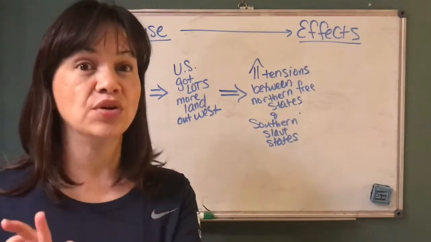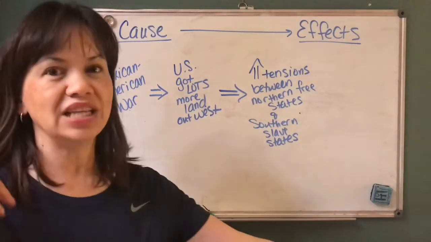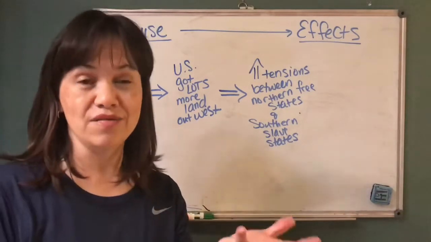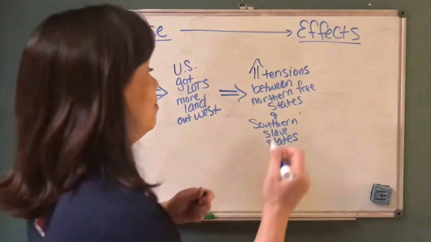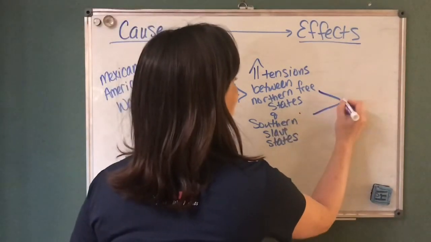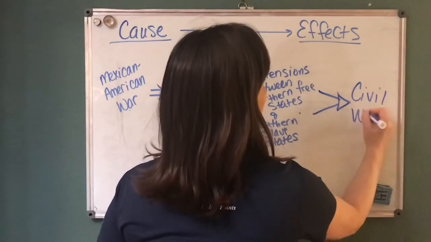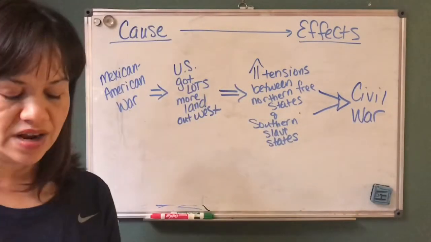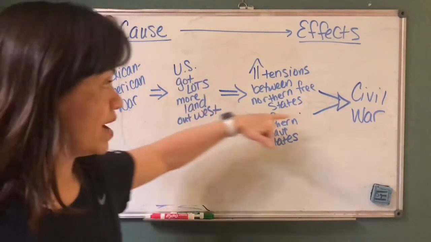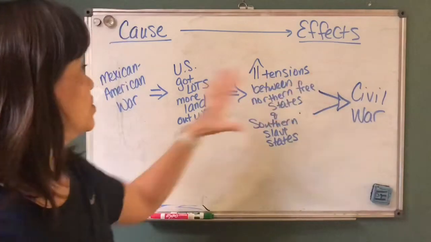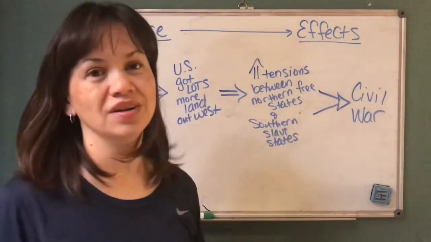Was slavery going to be abolished, or was it going to be allowed? And this actually led to the rise of the new Republican Party with Abraham Lincoln at that time. And all of this blew up into the Civil War. So we can draw a line from the Mexican-American War directly to the Civil War. So this war and what came out of it led to the Civil War.